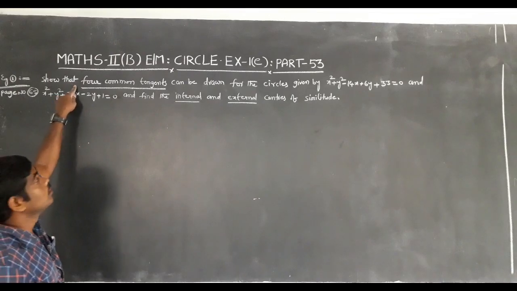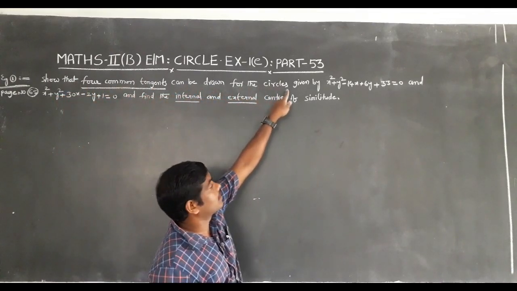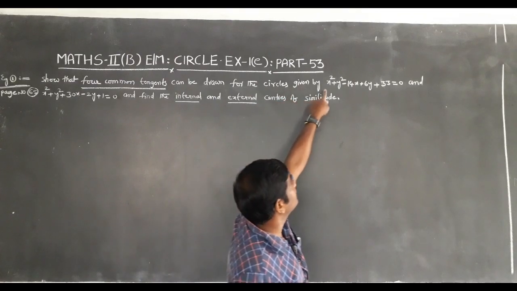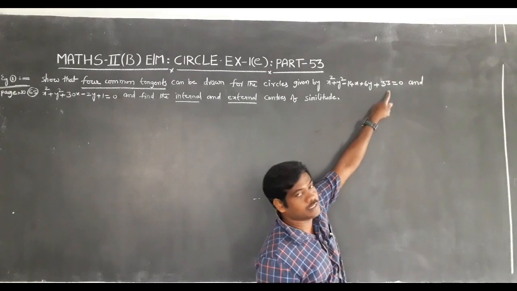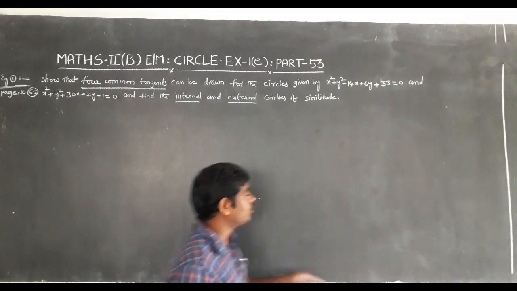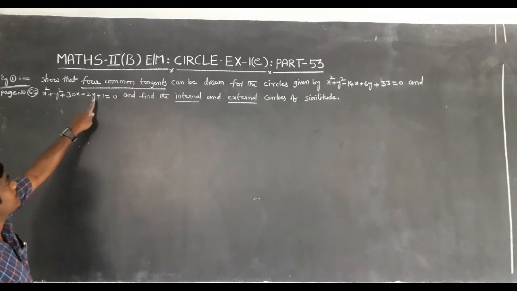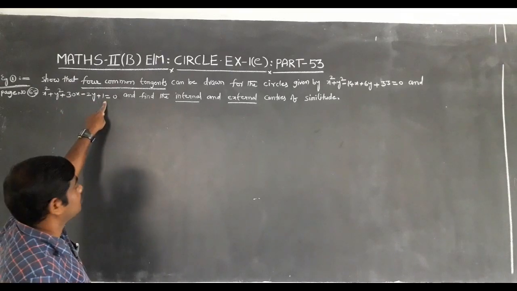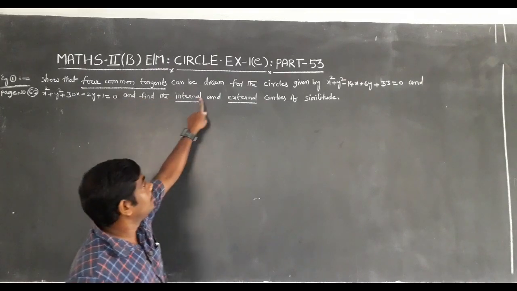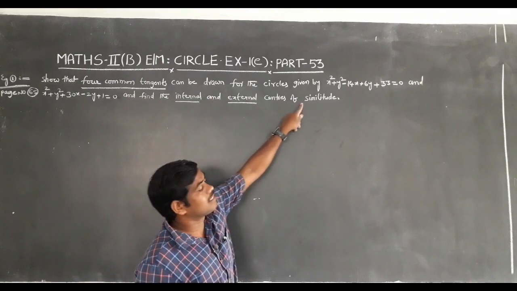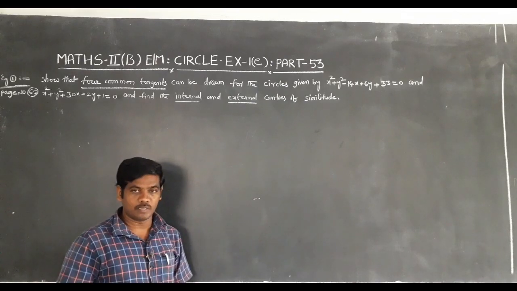Show that 4 common tangents can be drawn for the circles given by x square plus y square minus 14x plus 6y plus 33 is equal to 0 and x square plus y square plus 30x minus 2y plus 1 is equal to 0, and find the internal and external centers of similitude. This is the given problem.